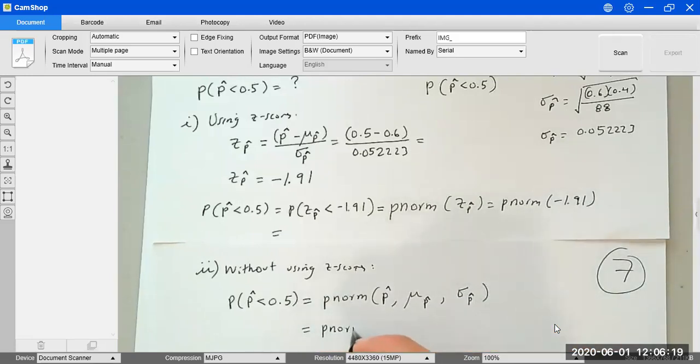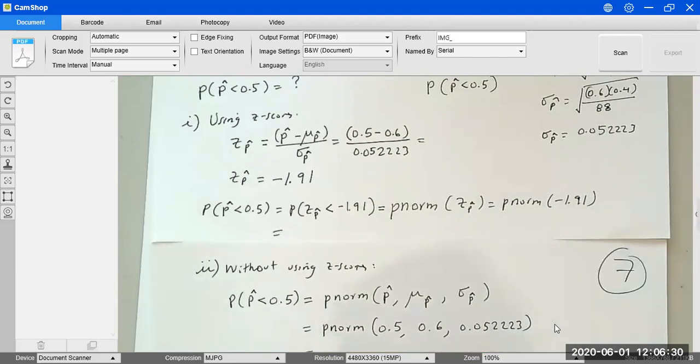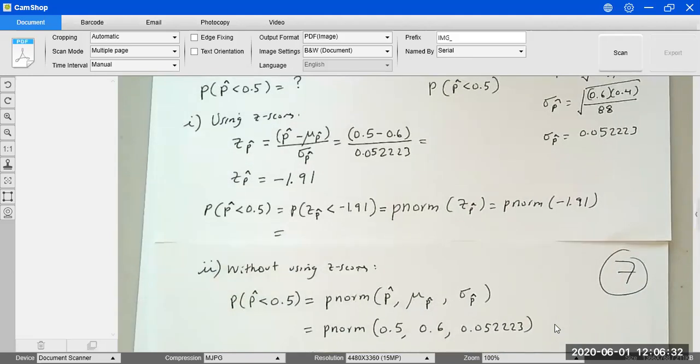So this is pnorm of 0.5, 0.6, and 0.052223. So we're going to use R to determine these two probabilities. And with that, we're going to finish this section.